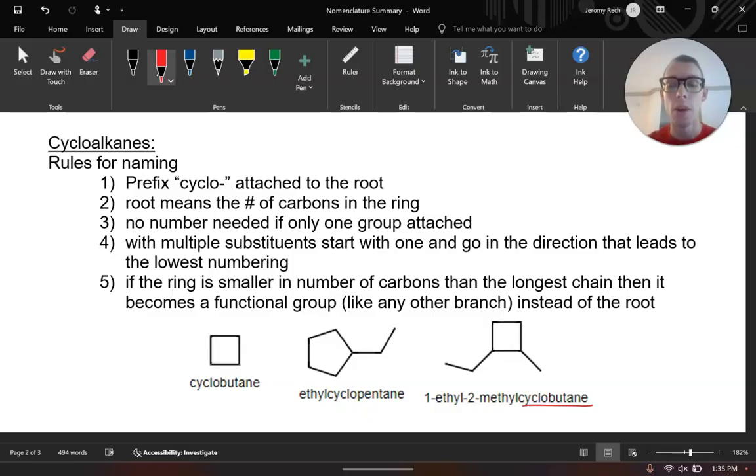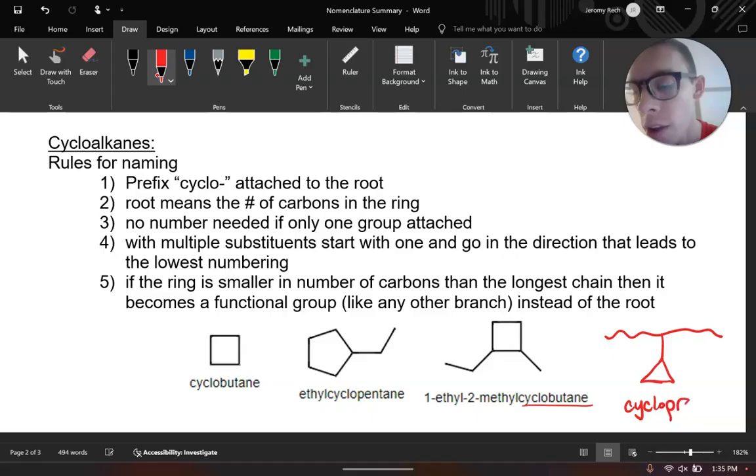The one final thing is you can also have a cyclic structure as a substituent. So if you have a chain that's longer than your cyclic structure, you can treat it the exact same and add just your YL. So you can have, for example, a cyclopropyl. If you have a big long chain, which I'll just draw as squiggly lines, and then a triangle, so meth, eth, prop, we could call this a cyclopropyl, meaning it's a substituent, and use that as an individual component that is off your main chain.